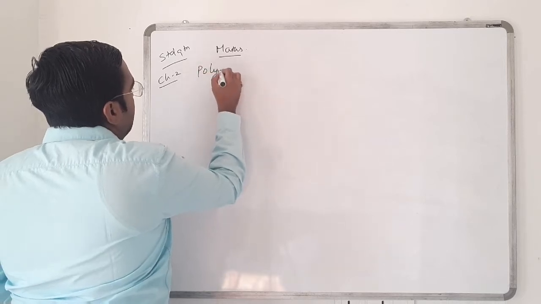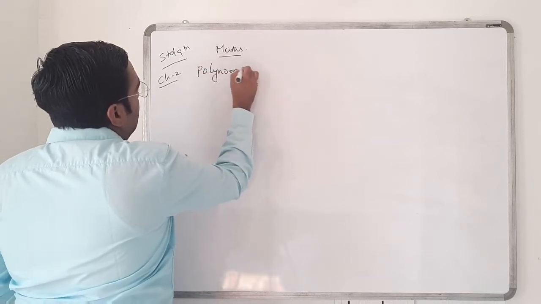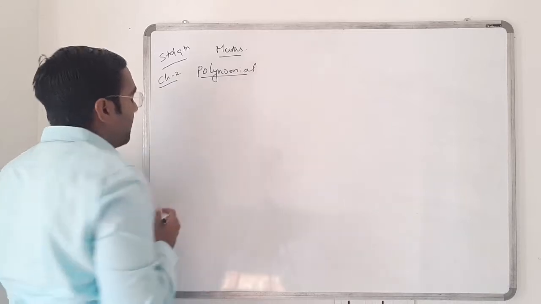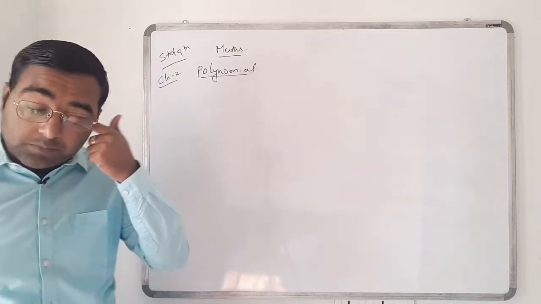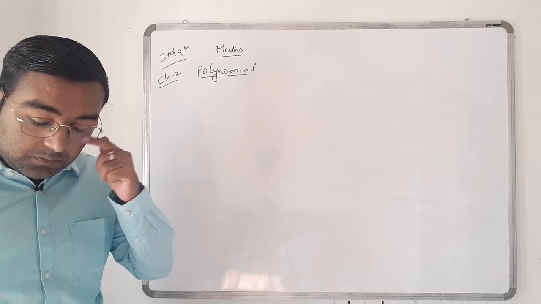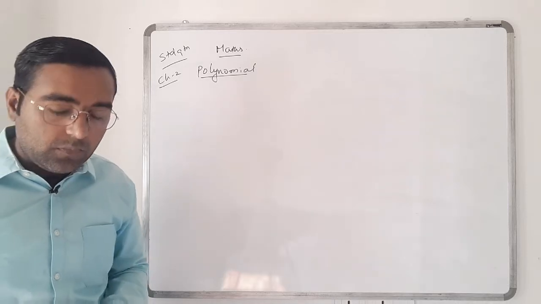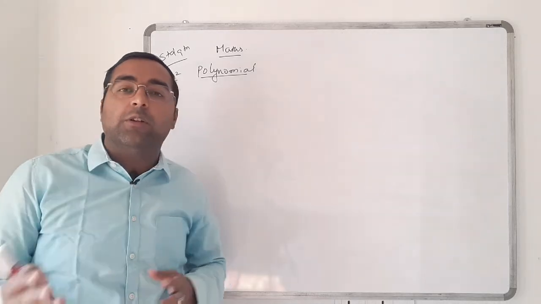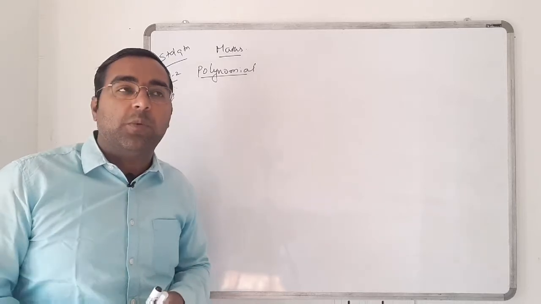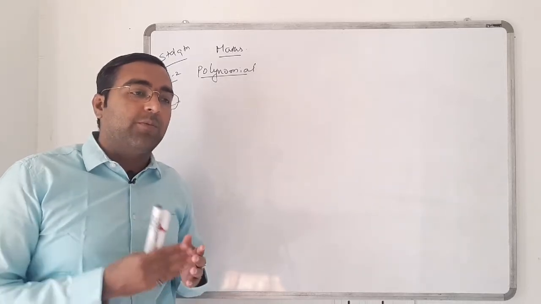The name of the chapter is polynomial. In this chapter, first of all we learn the basic terms of the polynomial: monomial, binomial, trinomial.